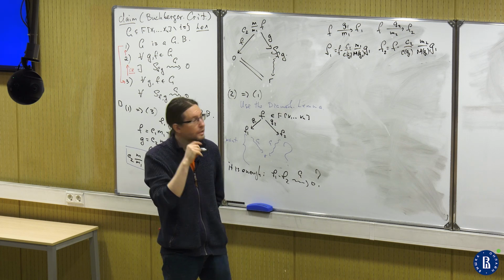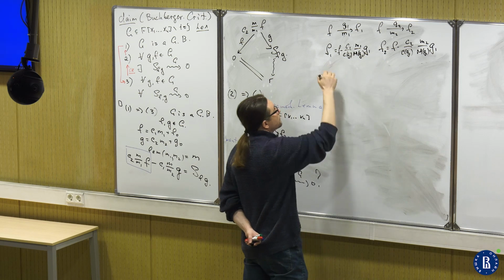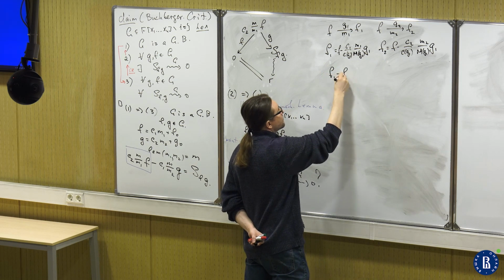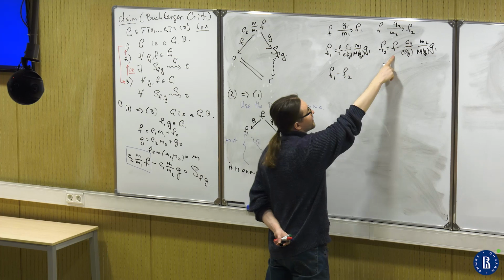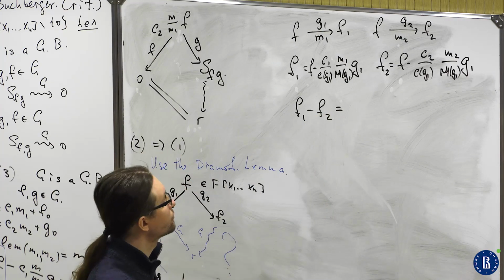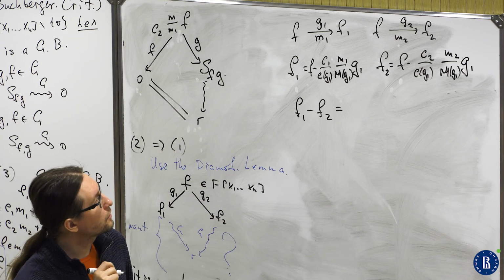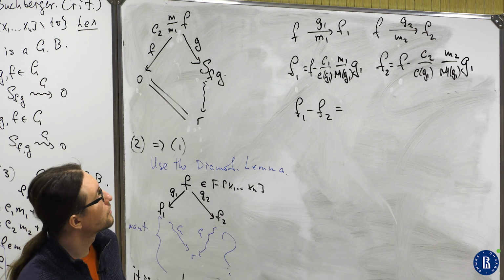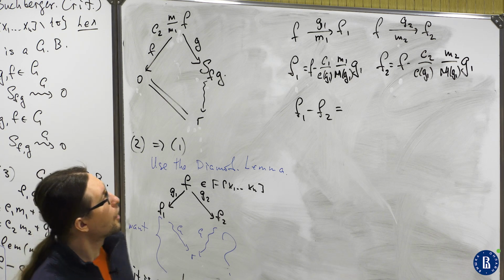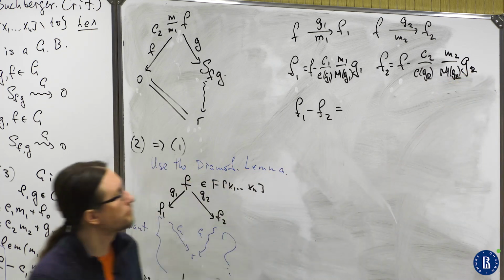And now if I subtract F2 from F1, we can cancel F, and the result is what? Isn't it G2 in the second? Oh, thank you. That was a mistake. F2 we reduced by G2. Exactly.